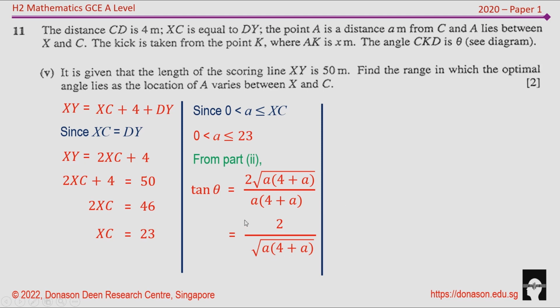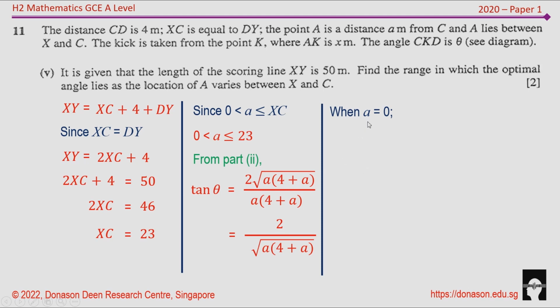Of course, I can cancel the common factors, and that's going to be simplified to this. If you want, you can try this again on a piece of paper. Multiply the numerator by this exact thing, root A bracket 4 plus A, and multiply the denominator as well, and you can simplify and reduce it and show that tangent theta would be equal to this.